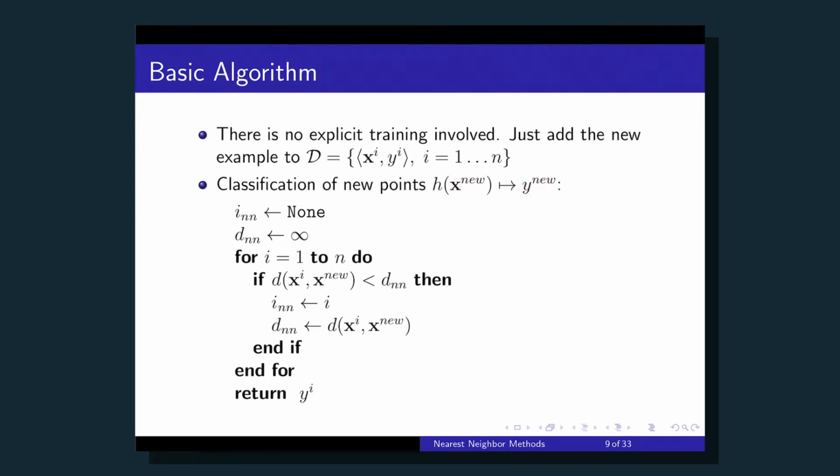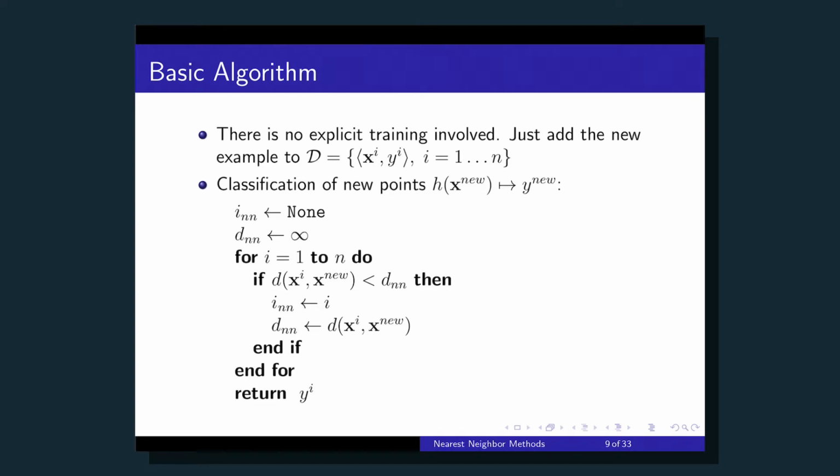You initialize the index of the nearest neighbor to none, and the distance of the nearest neighbor to infinity, because we don't know what the nearest neighbor is. For all we know, it could be infinity if there are no other points, for example.